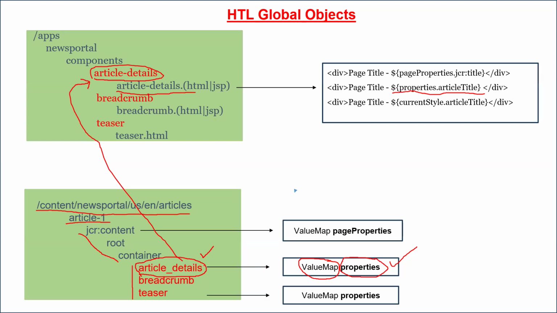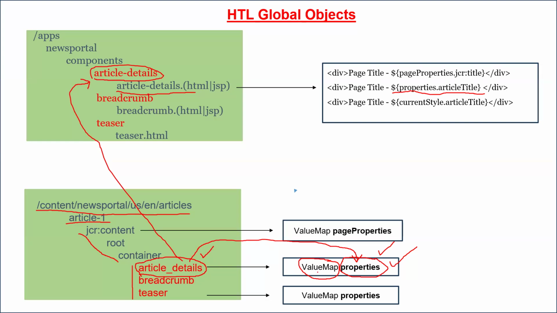While executing this content node, first it will generate an object called properties, and then it will add all the properties of this content node into the properties object. Simply copy-paste all the properties of this article detail content node into the properties object.